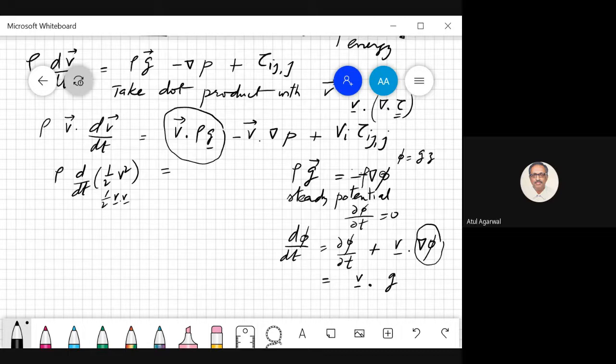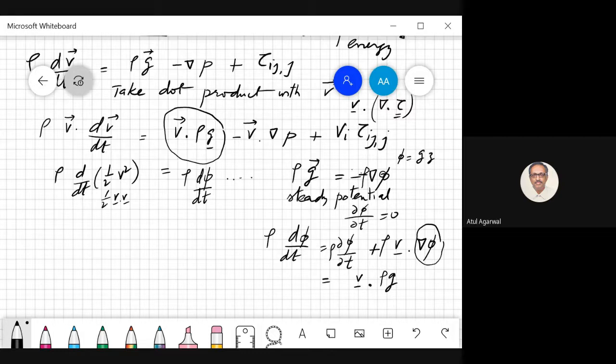Gradient of phi was g. So rho d phi by dt. So you can write something like this: v dot rho g. This term is nothing but rho d phi by dt.